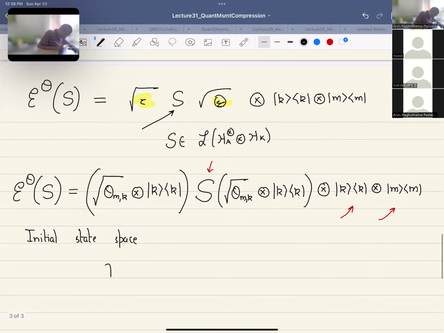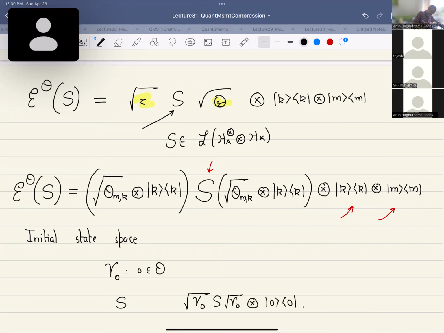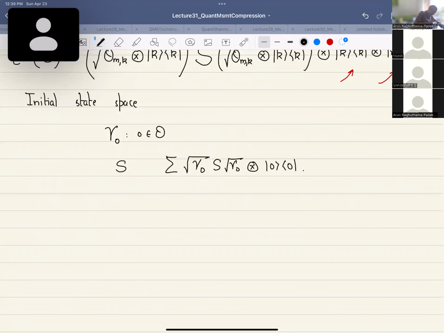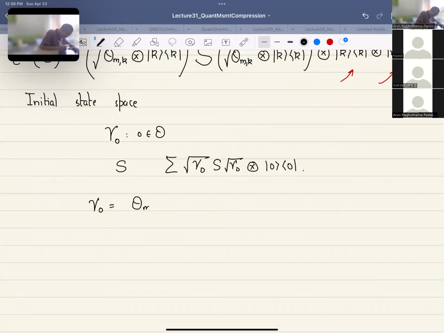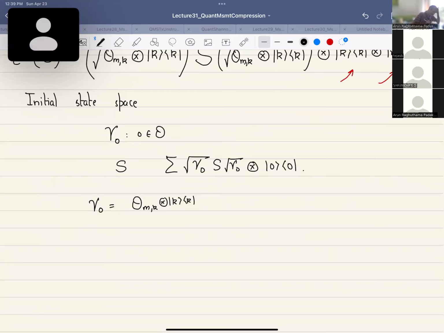When you have a POVM O and you operate it on S, what do you get? You get the sum of root gamma O S root gamma O tensor O. Do you agree with this? Yeah. Okay. Now what is my gamma O? My gamma O is something like this: theta mk tensor kk. That's how you're defining it. Okay, yeah, fine. Good.